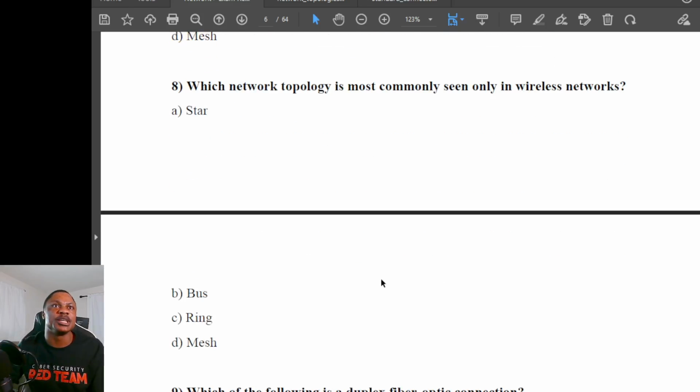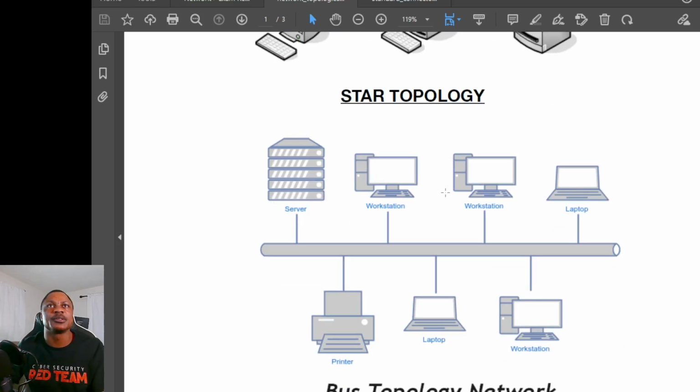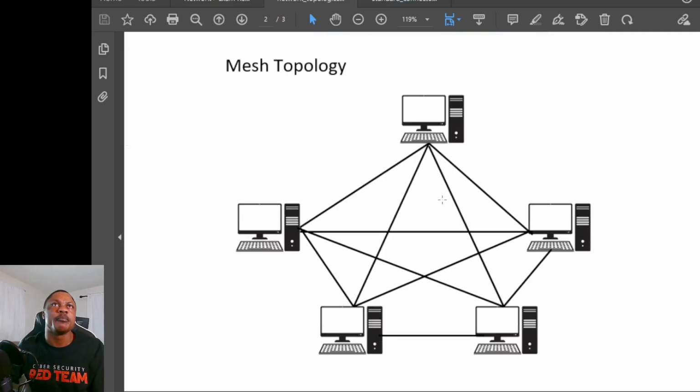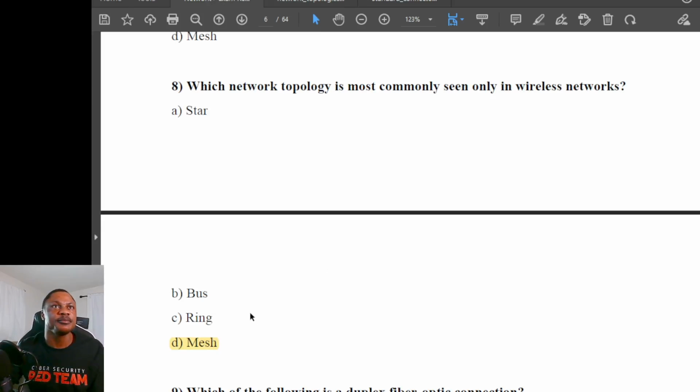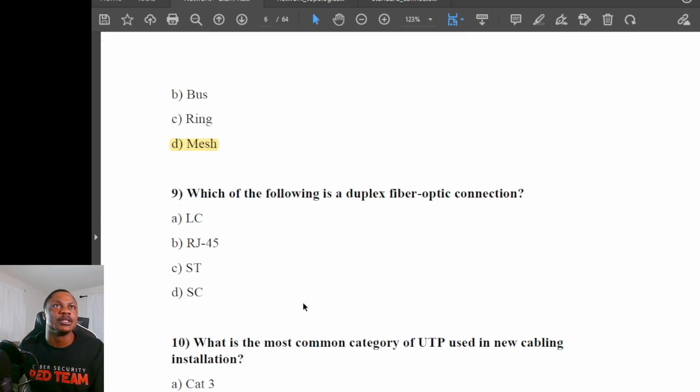So that will be the mesh topology. This is our first time mentioning the mesh topology. Let's go back really quickly so you can see what the mesh topology looks like. This is the one mostly used for wireless networks. Mesh topology.